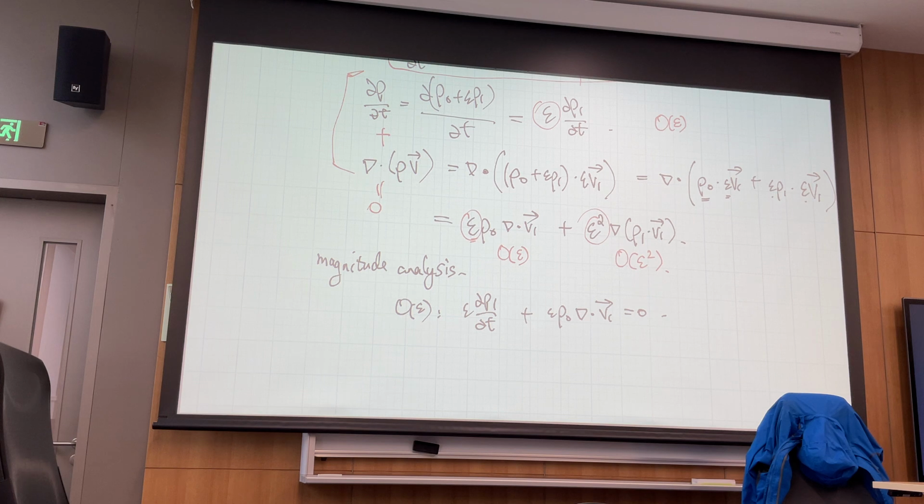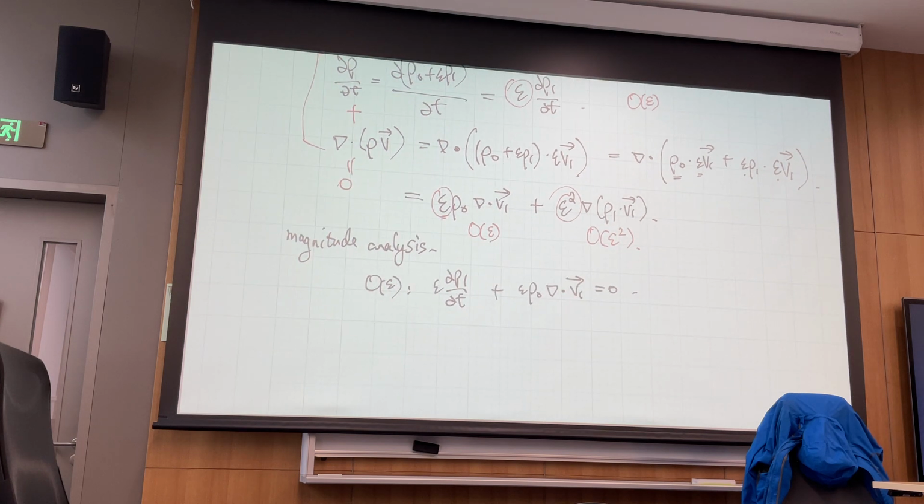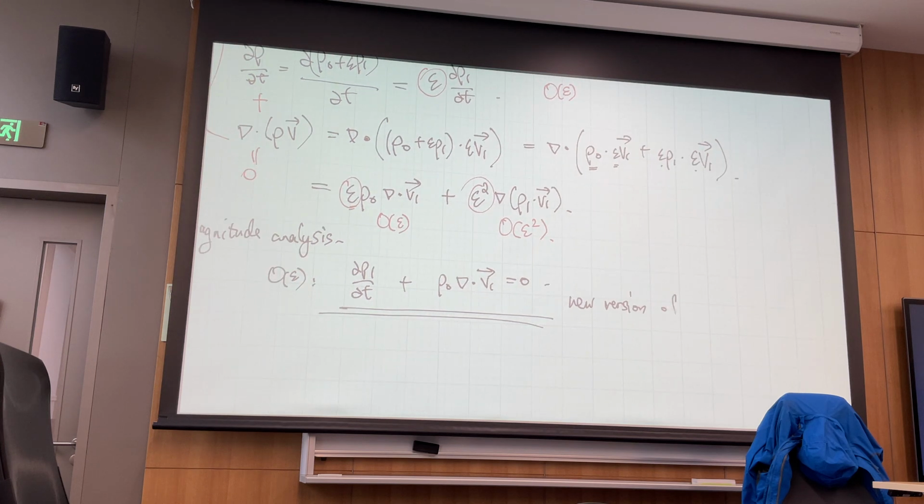So far so good? I can extract and divide epsilon on both sides. So this is the new version of the equation of continuity.